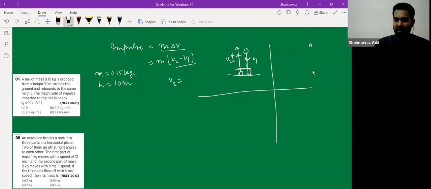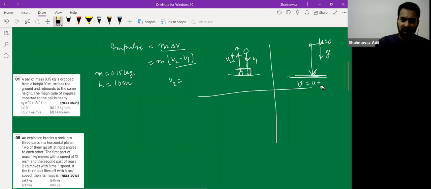If it is moving like this, and nearly when it is about to strike the ground, what will be the speed? Your initial speed is 0, and it is dropping with the acceleration g. So what will be the magnitude of the final velocity? We don't want to calculate the time.